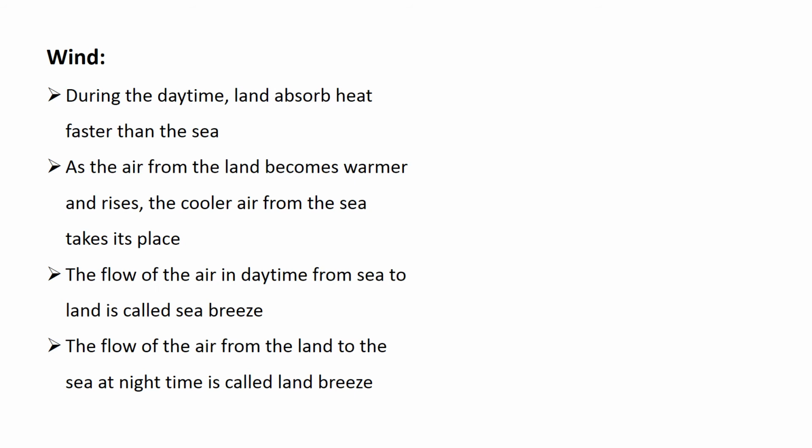At night time, land cools down faster than the sea. As this happens, the cool air from the land takes its place. The flow of the air from the land to the sea at night time is called land breeze.